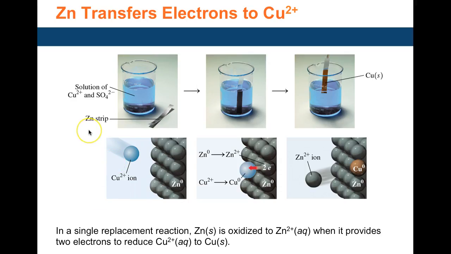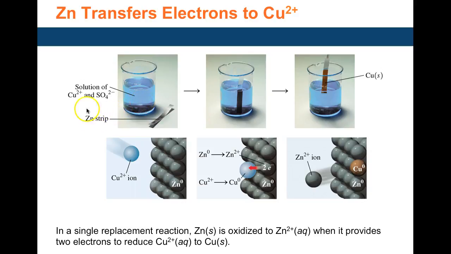So here you have a redox reaction, an oxidation reduction reaction, of zinc and copper sulfate. Now copper(II) sulfate fully dissolves in water. It is soluble. So the Cu2+ and the sulfate 2- ions separate out, all right? And then you put a piece of zinc in there, and what happens?